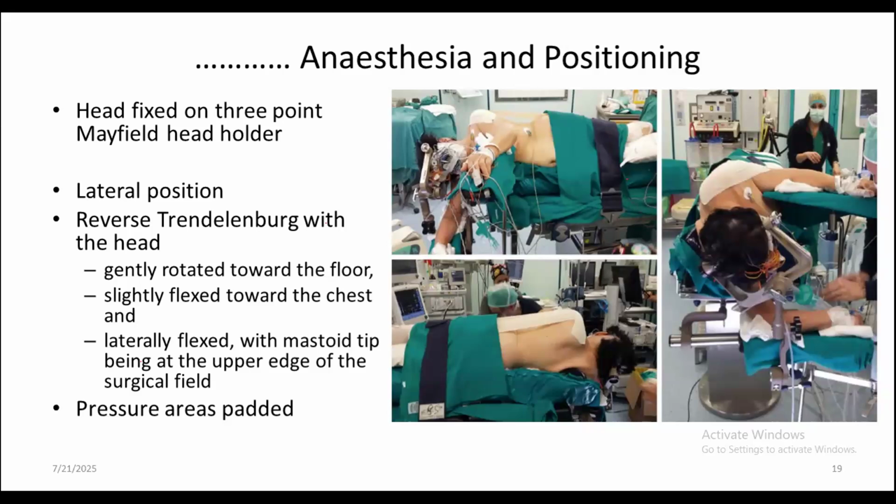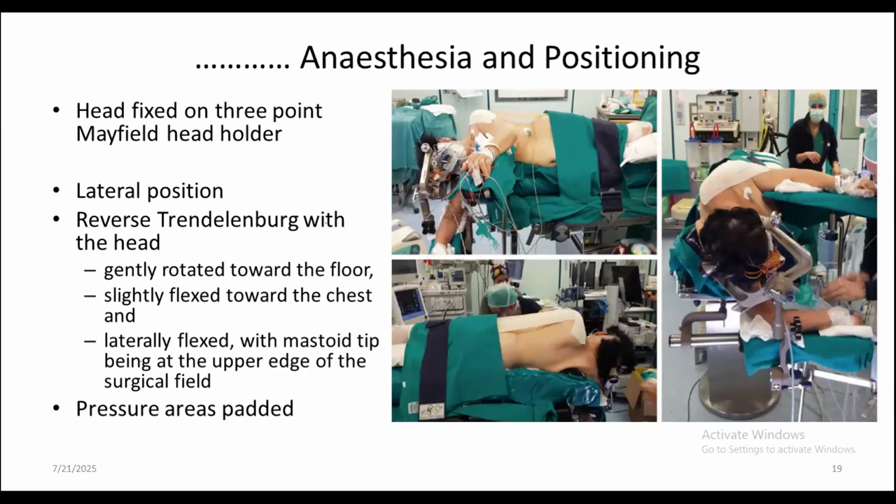The patient is put in lateral position with reverse Trendelenburg, and then the head is fixed on the 3-point Mayfield holder, and gently rotated towards the floor and slightly flexed towards the chest, allowing a room of a minimum of 2 finger breadths. Then the head is laterally flexed, with the mastoid tip being the most superior point, horizontal and parallel to the floor. Pressure areas are usually padded.